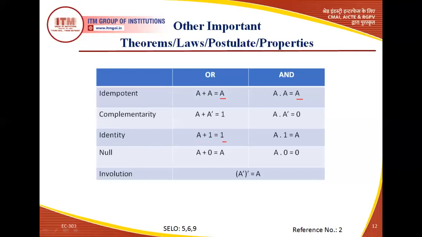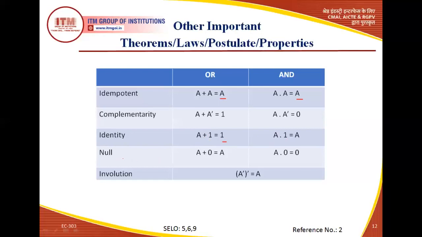That means A plus 1 will always generate 1, because it is not exactly the algebraic plus sign, but a logical operator. So A or logic 1 will produce 1. Similarly, A dot 1 produces the same variable A.